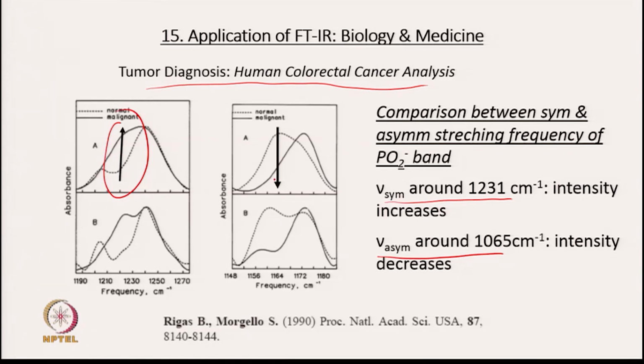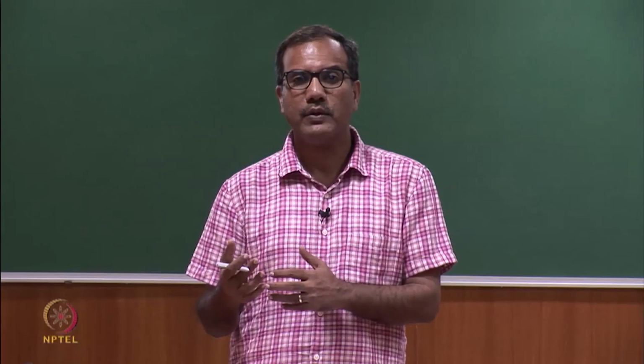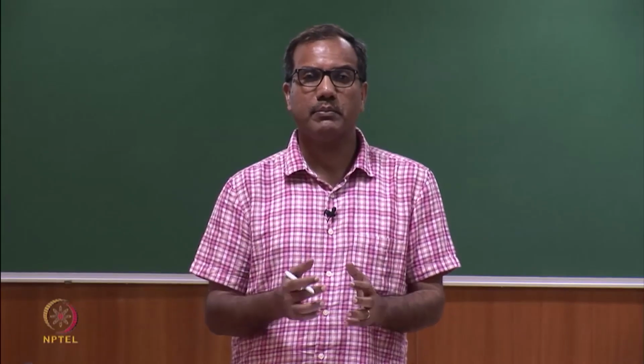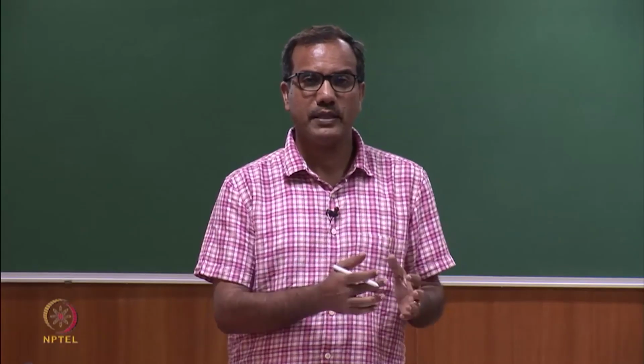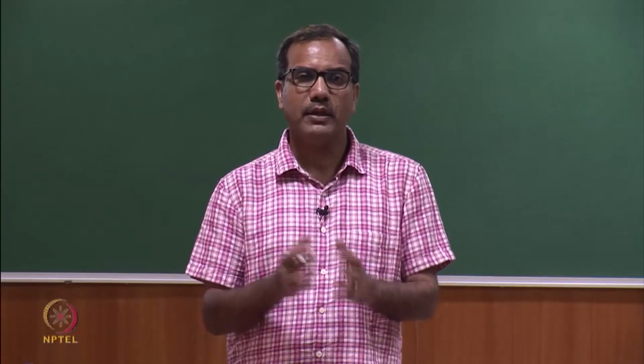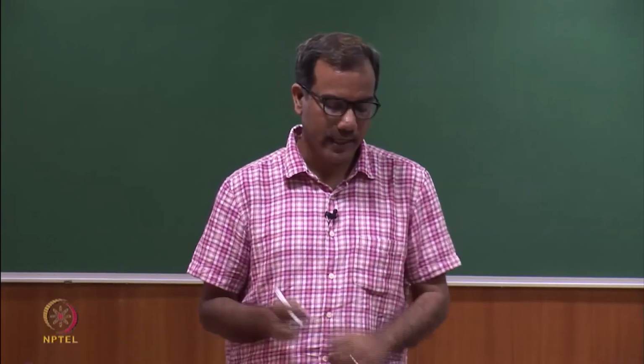So, just by looking at these two bands, you can tell whether a person has colorectal cancer or not. It can give you an idea about whether the particular patient is susceptible to colorectal cancer or not.